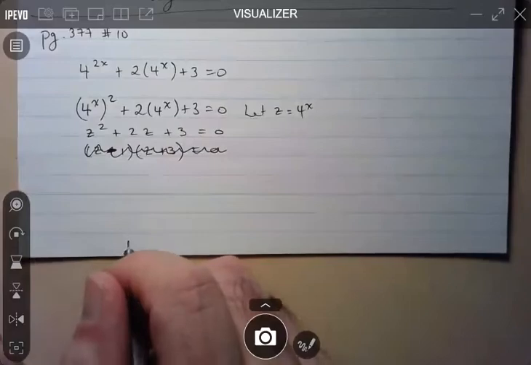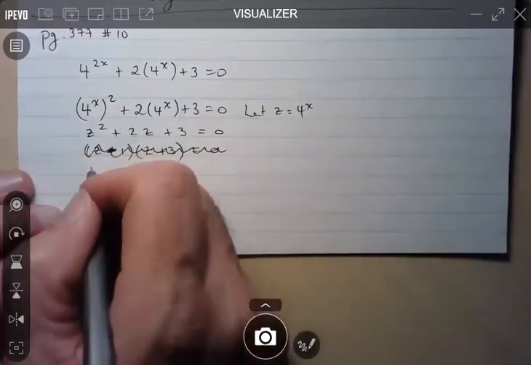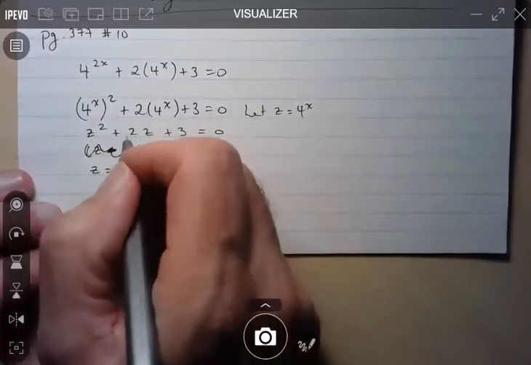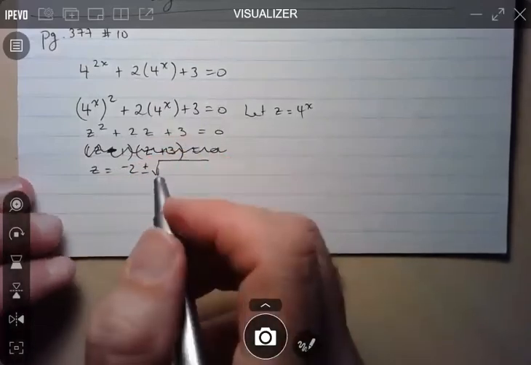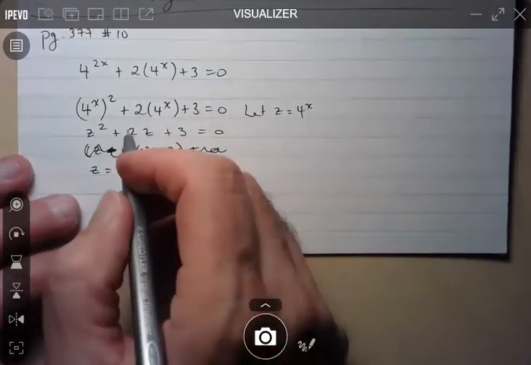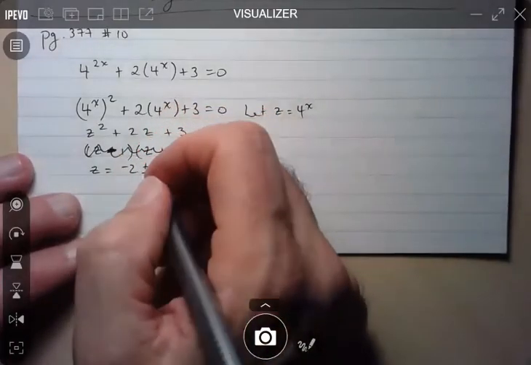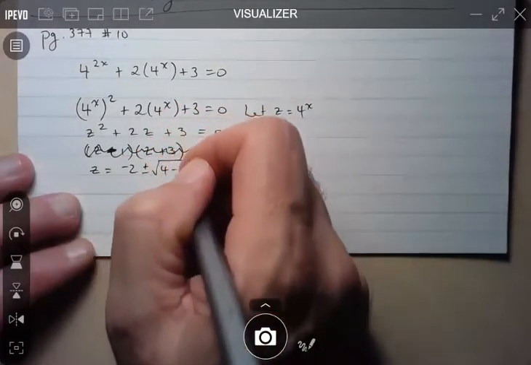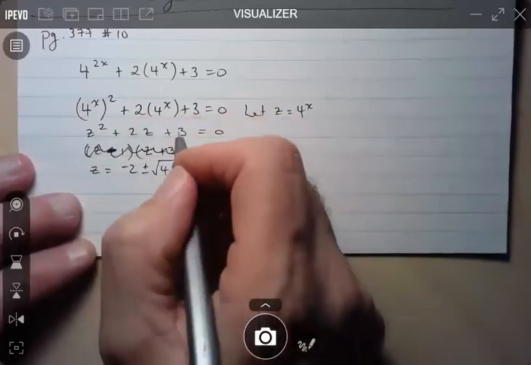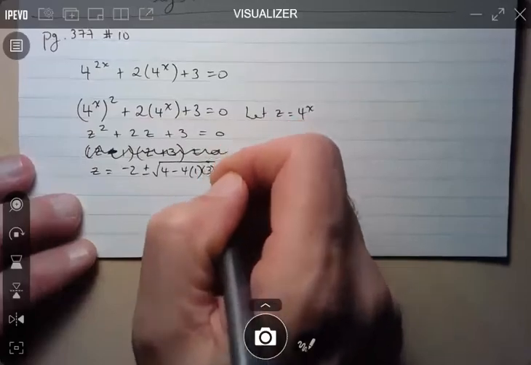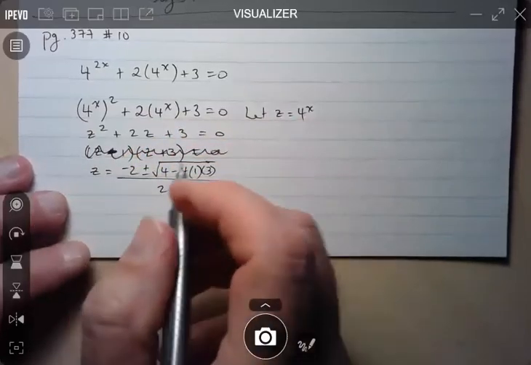So here, let me use the quadratic formula. Negative b plus or minus the square root of b squared, so that's 4, minus 4 times a times c, all over 2a, 2 times 1.